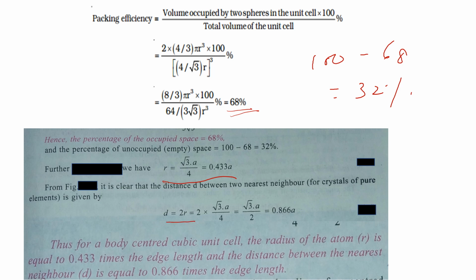So D is equal to 2 into, putting the value of R here, root 3 by 4 A, which comes to root 3 A by 2, which is 0.866 A. Thus, for a body-centered cubic cell, the radius of the atom R is equal to 0.433 times the edge length, and the distance between the nearest neighbors D is equal to 0.866 times the edge length.